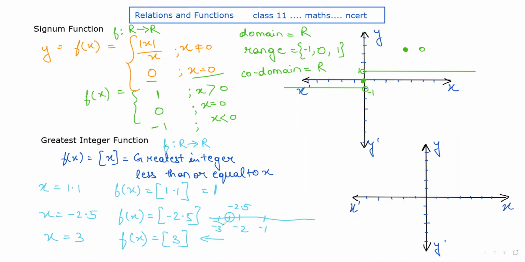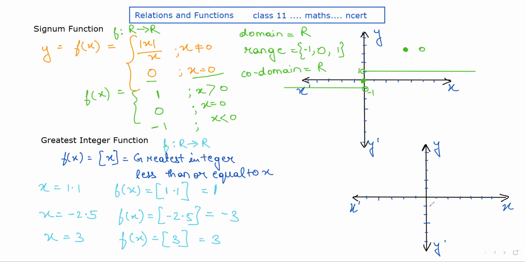And -3 is the greatest amongst those values, so the value over here will be -3. You have to find the greatest integer which is less than the given value. So this is equal to -3. It can be either less than or equal to. If you have a whole number, directly write the number, because that number is equal to itself.